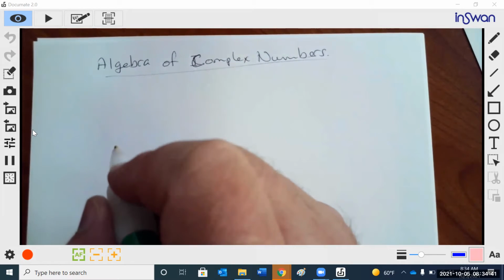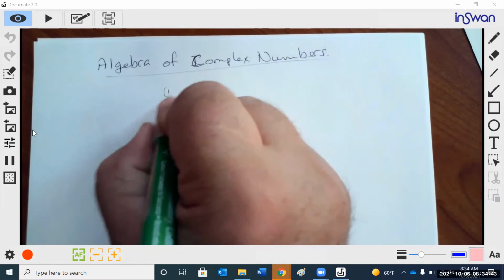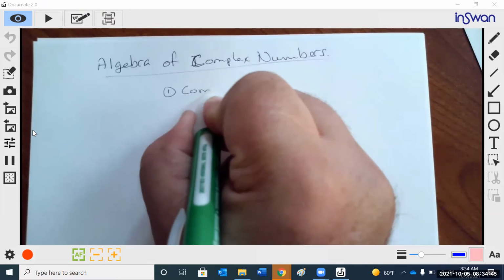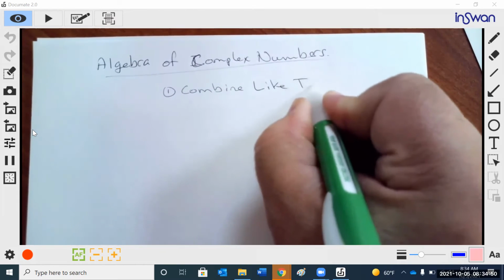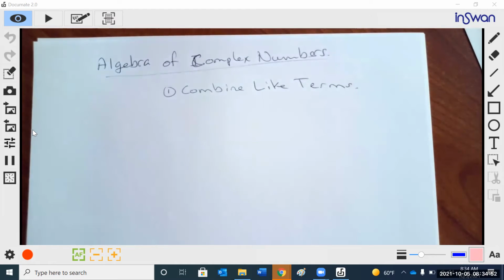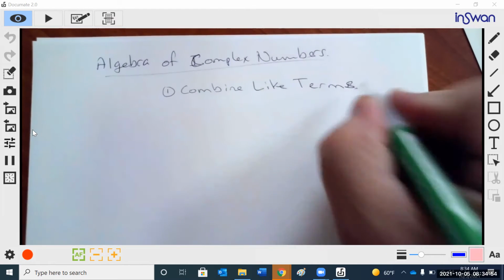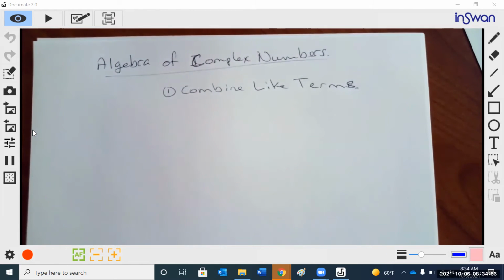Basically, there's one real rule. Combine like terms. That's the only real rule.